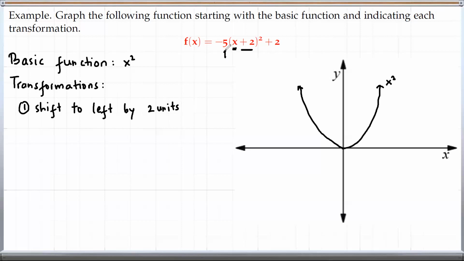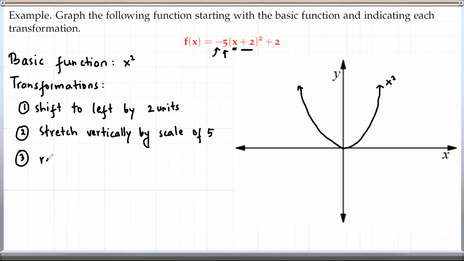Next, we have this 5, which will do vertical scaling. So it will stretch vertically by a scale of 5. Next, we have this negative in the front.